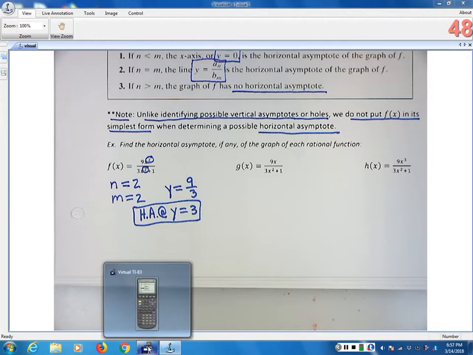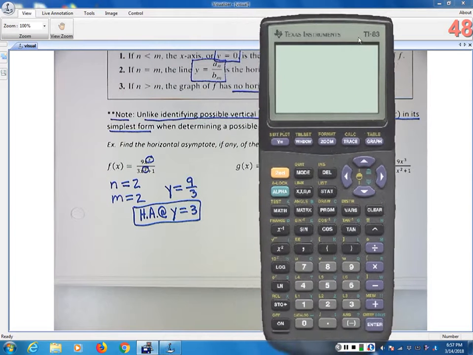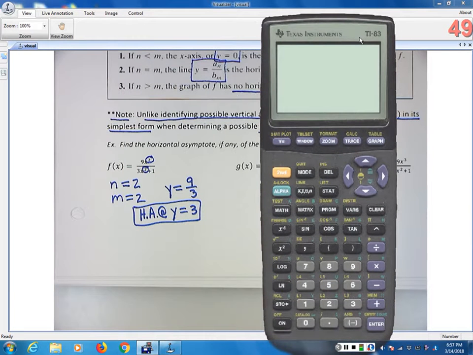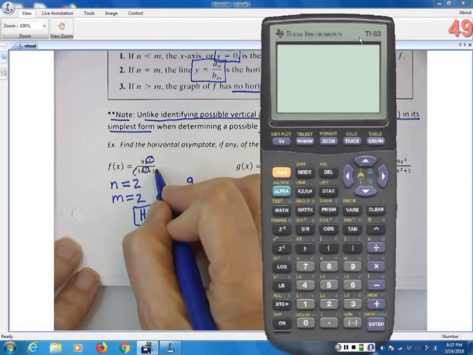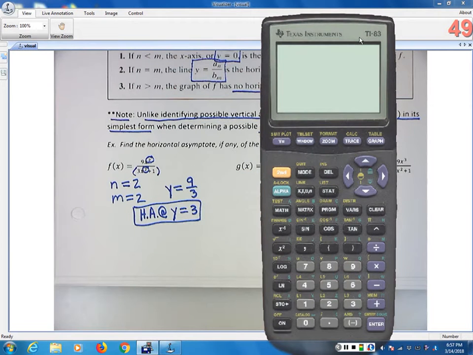We can graph that. I'll graph this first one. So you do have to put the denominator in parentheses. So you're going to turn it on, second quit, y equals, clear. I don't have to put the numerator in parentheses because it's not two terms, just one term. So it's 9x squared. It wouldn't hurt to put it in parentheses if you're not sure.